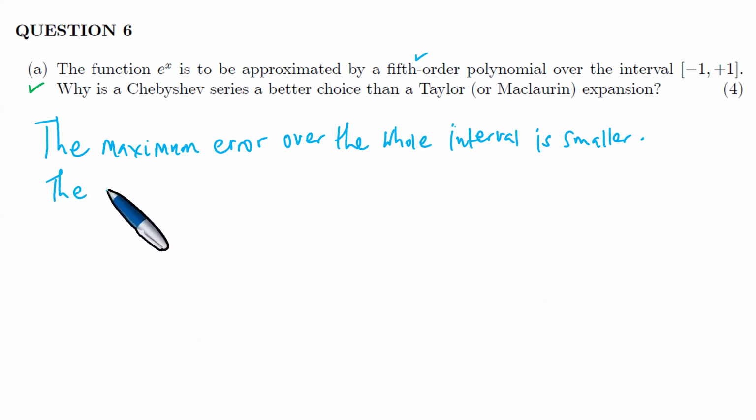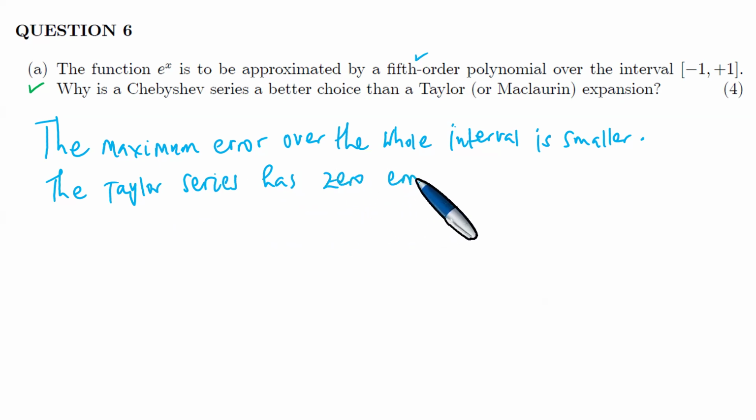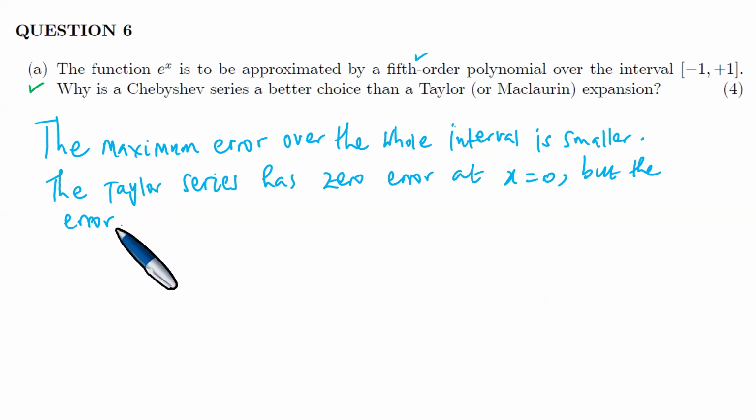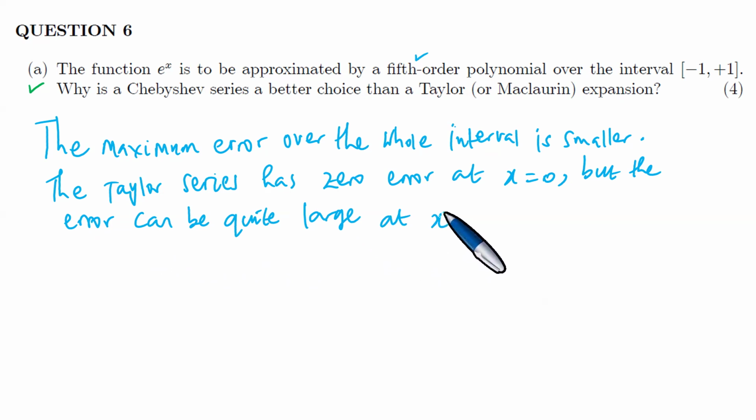The Taylor series has zero error at x equal to 0, but the error can be quite large at x equal to plus or minus 1.